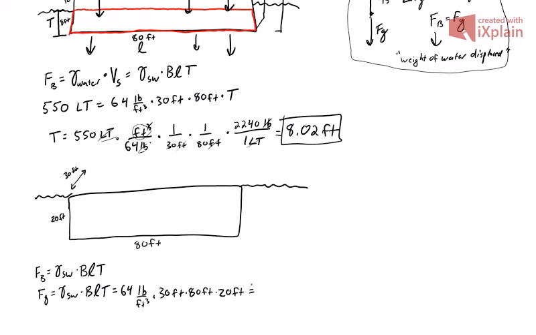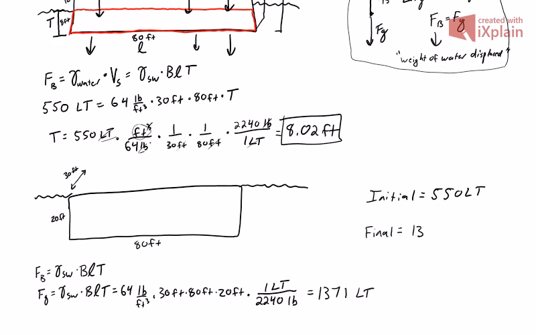Then, because the initial weight of the ship is 550 long tons, we're going to convert this to long tons as well, so that we can compare those two numbers. So 2,240 pounds per 1 long ton. If we do that, we get that the weight of the ship when it's completely submerged is 1,371 long tons.